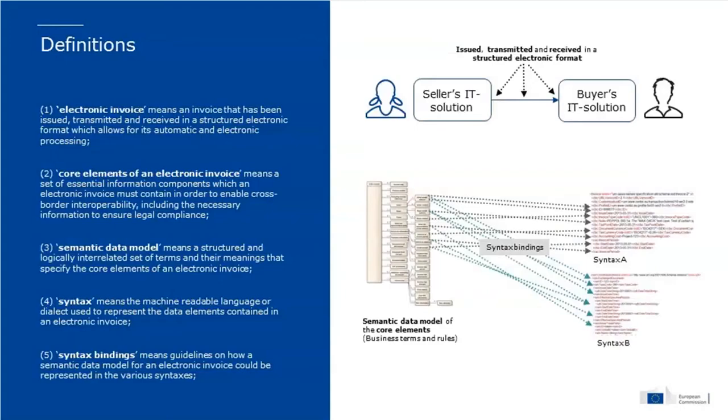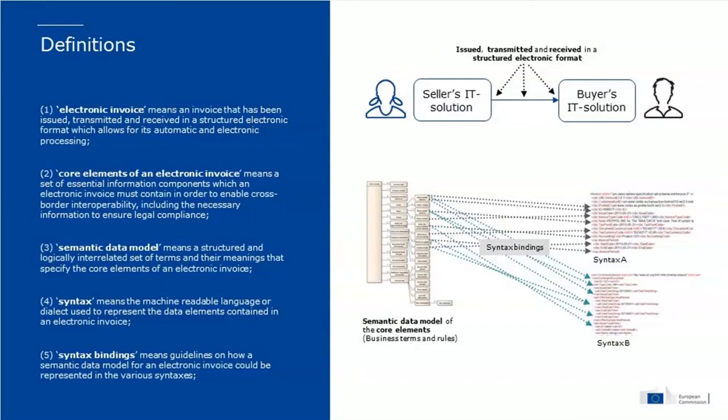Looking at this again, you can see now on the right side here, the semantic data model is the business terms and the rules, and they have bindings to syntaxes, syntax A and B. This is OASIS UBL and UN/CEFACT cross-industry invoice. These are the two syntaxes that all the public entities in Europe must support.